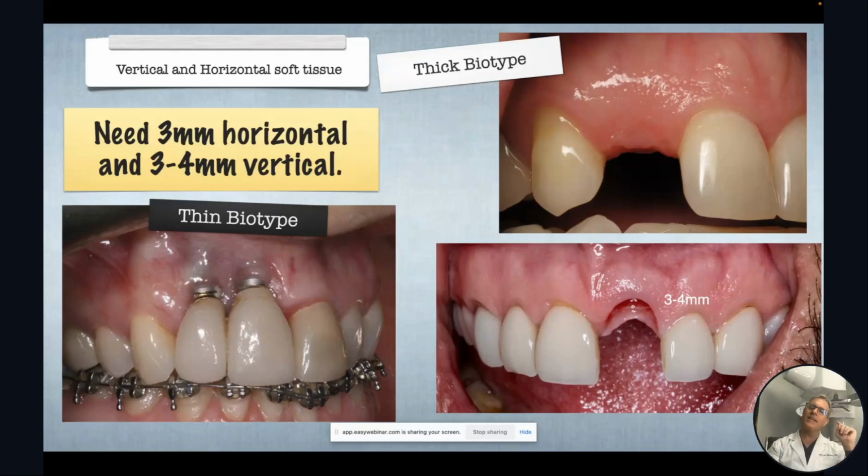But what he did was he looked at the vertical. He looked at the tissue height from the bone platform to the crest of the gingiva. So we're talking about this dimension, right? Up and down. And he said you need a pocket of at least 3 to 4 millimeters of attached tissue around your implant for that tissue to form basically a turtleneck around your implant and attach.